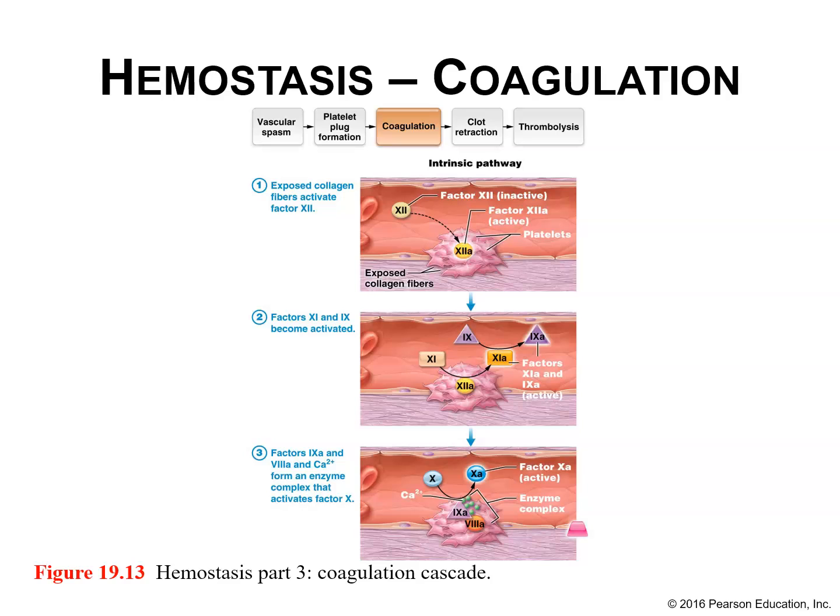Then factors 9 and 11 become activated through activation of 12A. Factors 9A and 8A and calcium form an enzyme complex, this area that I'm circling here, and that will then activate factor 10 to active 10. Okay, and that's called the intrinsic pathway.